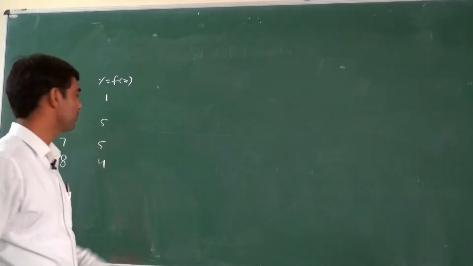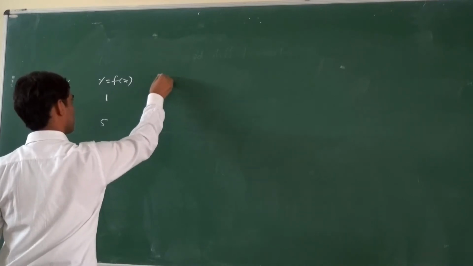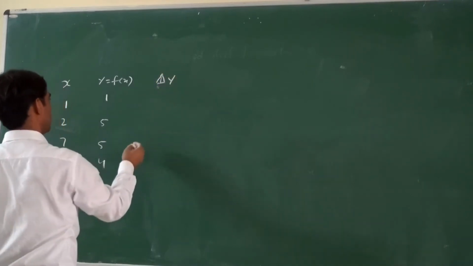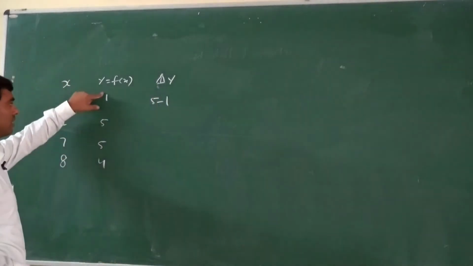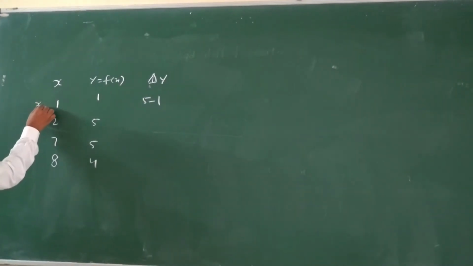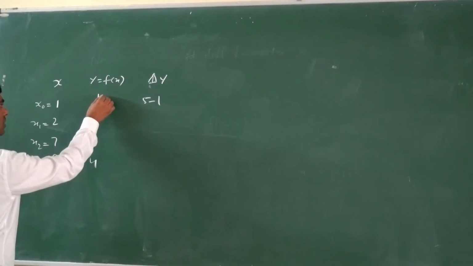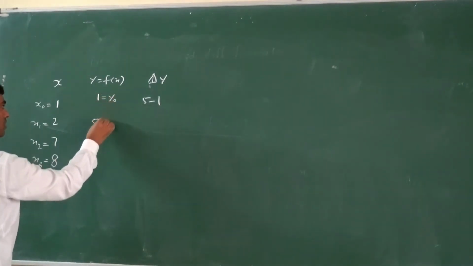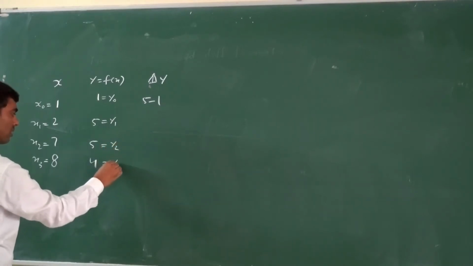Now, what is the first order divided difference? It is 5 minus 1 divided by 2 minus 1. In terms of notation, these are x0, x1, x2, x3 and similarly y0, y1, y2, y3.